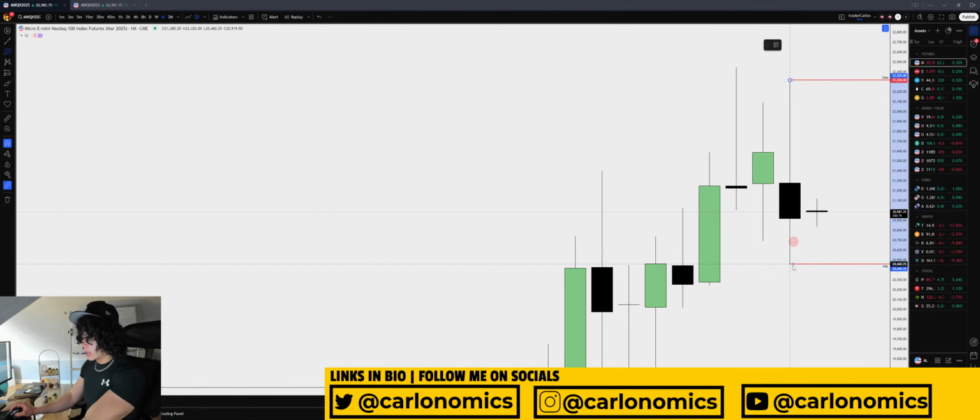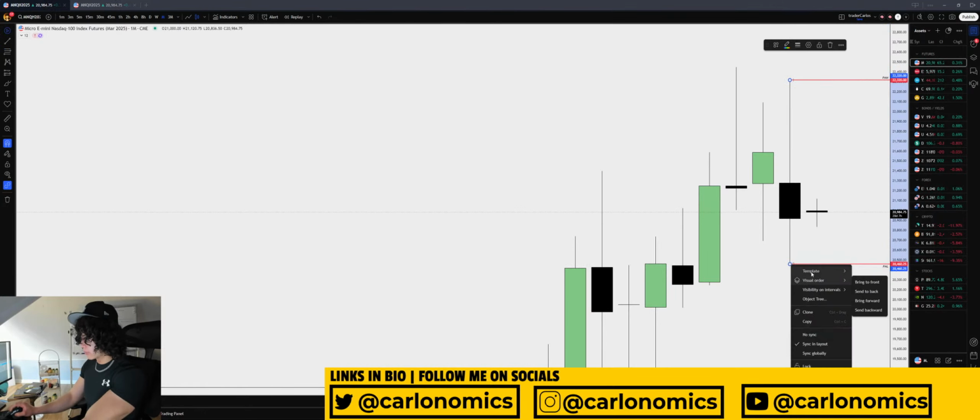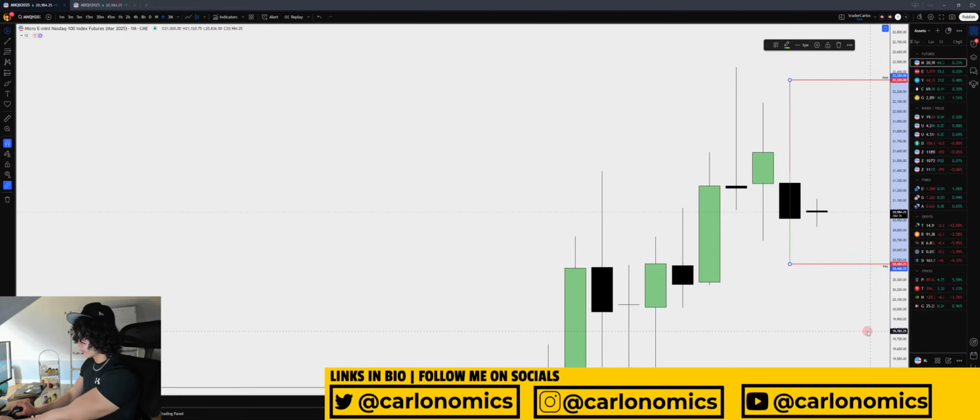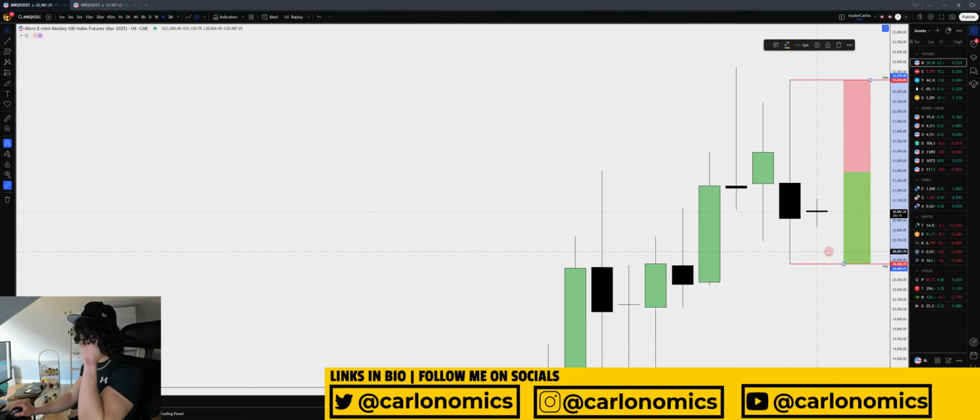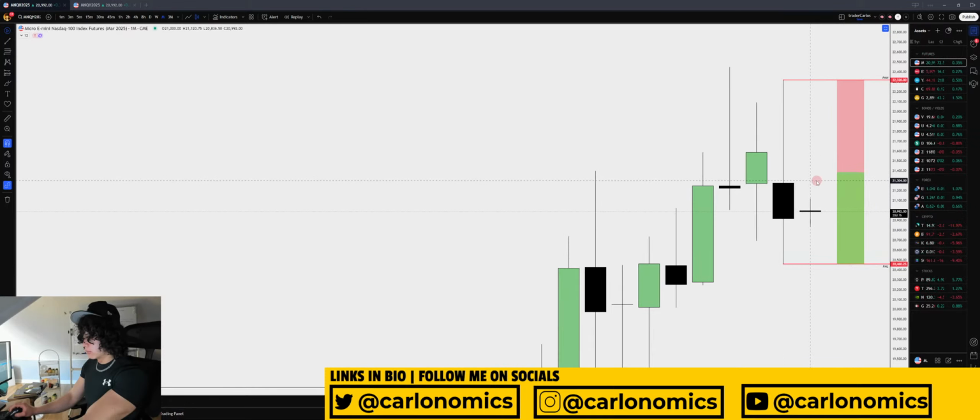So the high and the low. I'm going to put this to the side. So the reason why I'm drawing this dealer range is to see where equilibrium is likely at. So equilibrium is pretty much up here, but we're going to go down to the weekly time frame now.